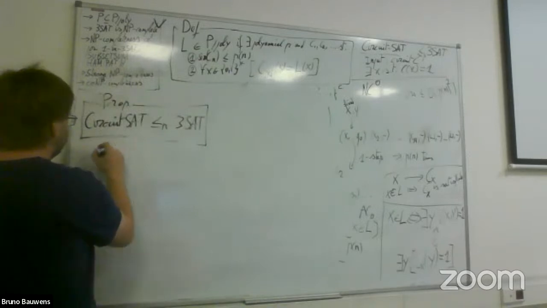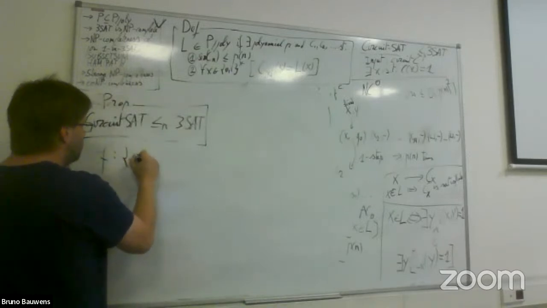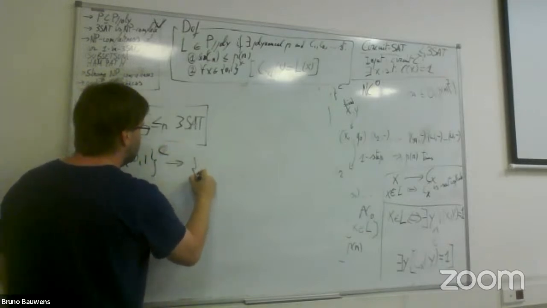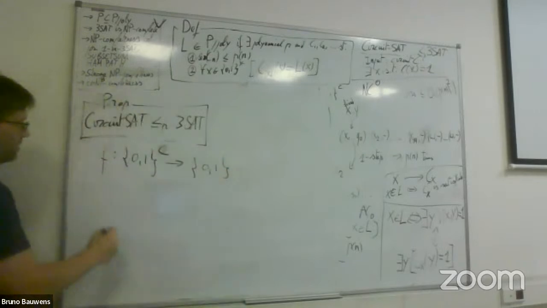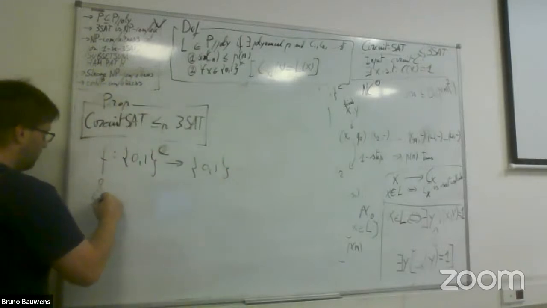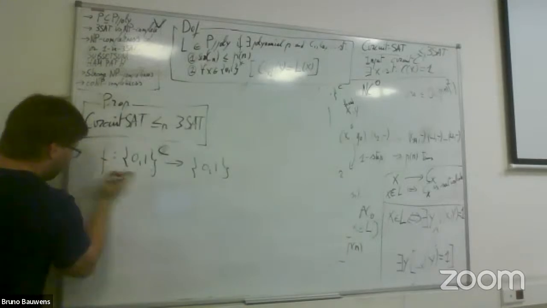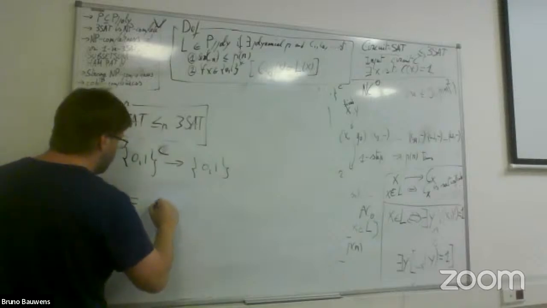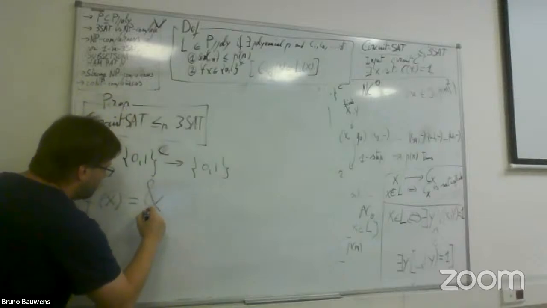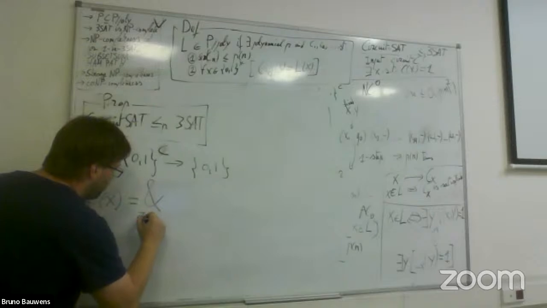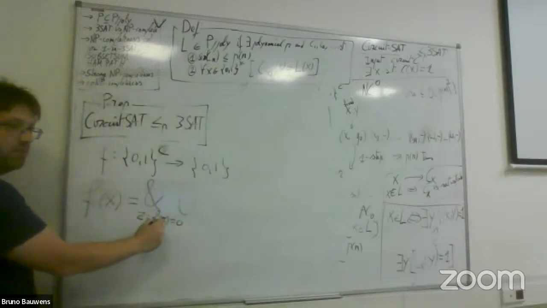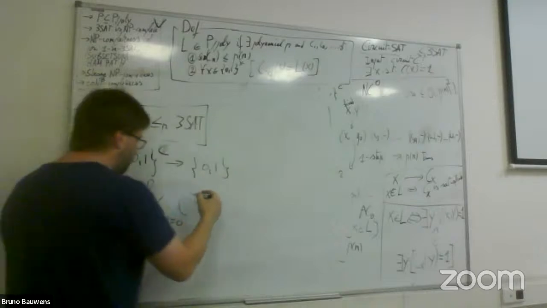So for every function f mapping {0,1}^n to {0,1}, let's write down the CNF. The claim is that f of x is equal to, so we iterate over all z for which f of z is equal to 0, and then we check whether the input is equal to z.